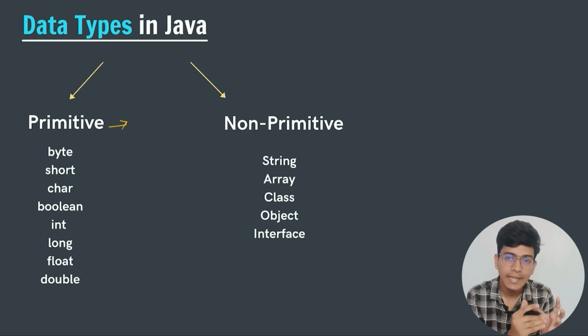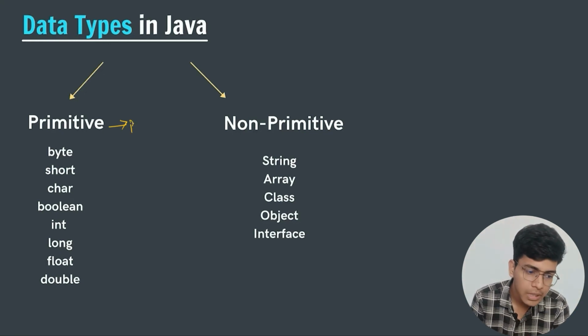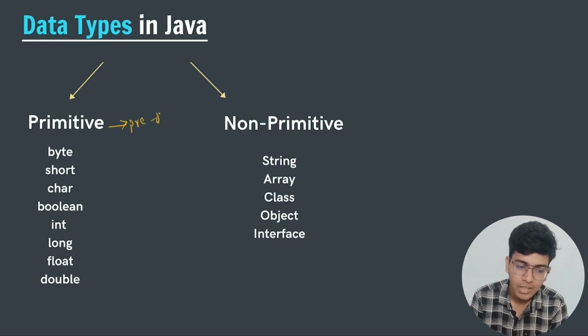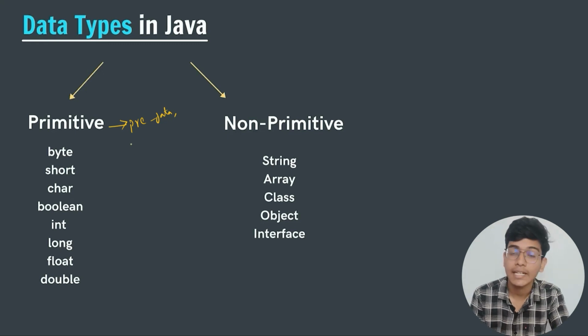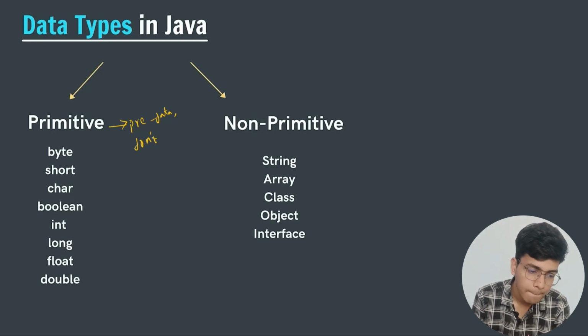I didn't declare what is an integer or how we can create an integer. I didn't write any of these things. It is an already pre-existing data type, and we don't need to declare or define that data type.